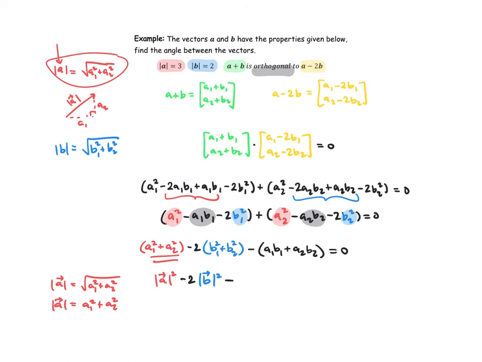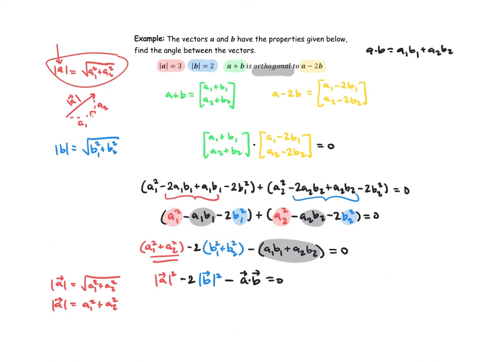And then this friendly little buddy right here is equivalent, based on the definition, to the scalar product of A and B, which is A1B1 plus A2B2.